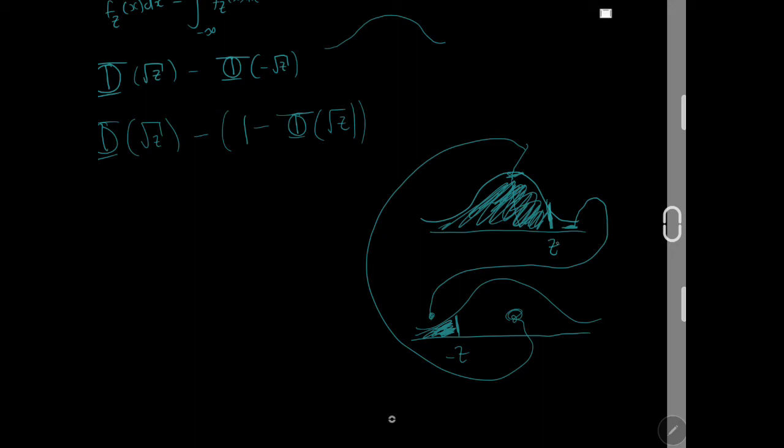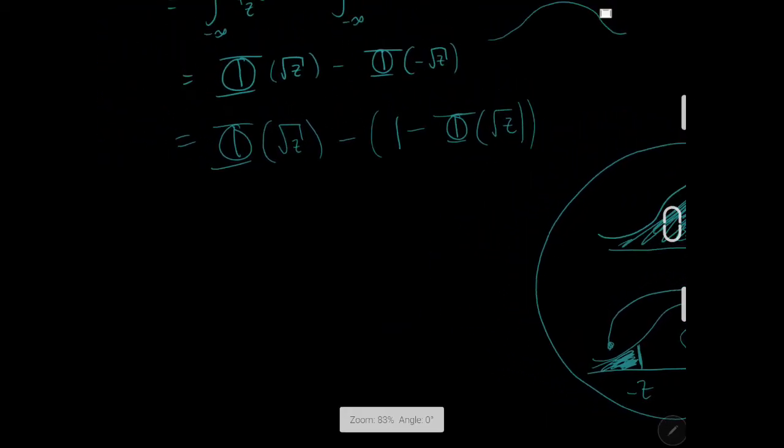So if we want to calculate what this area is, phi of minus z, that's the same thing as taking the whole area under this curve, which is equal to 1, and subtracting the area that's not in this little region over here. So we're essentially taking 1 and subtracting this area, which is phi of z. So that's where this relationship comes from.